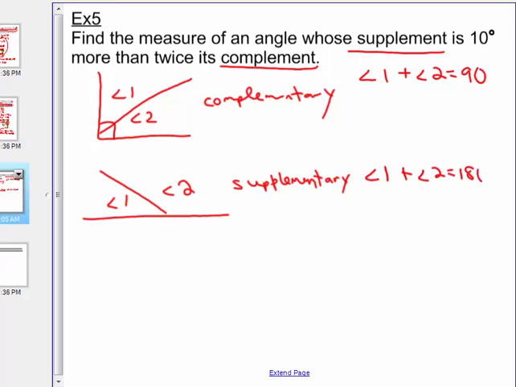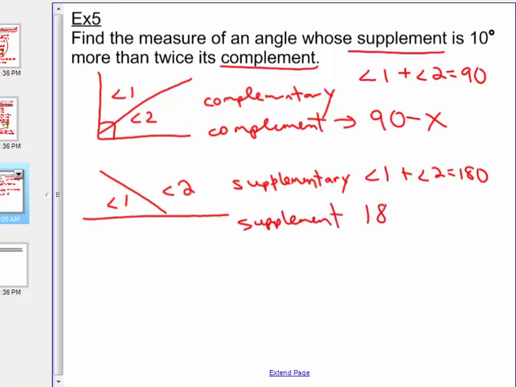To write the complement, I take 90 degrees minus x. So if an angle is x, the complement of the angle is 90 minus x. The supplement of the angle, if the angle is x, is 180 minus x, because again they have to add to 180 degrees.